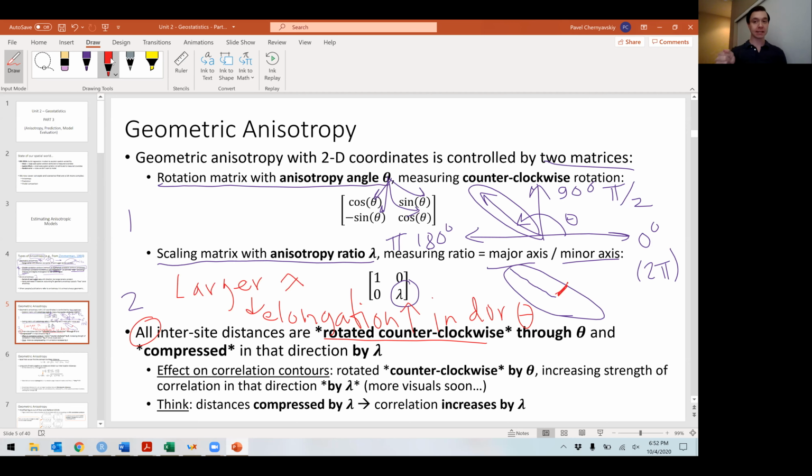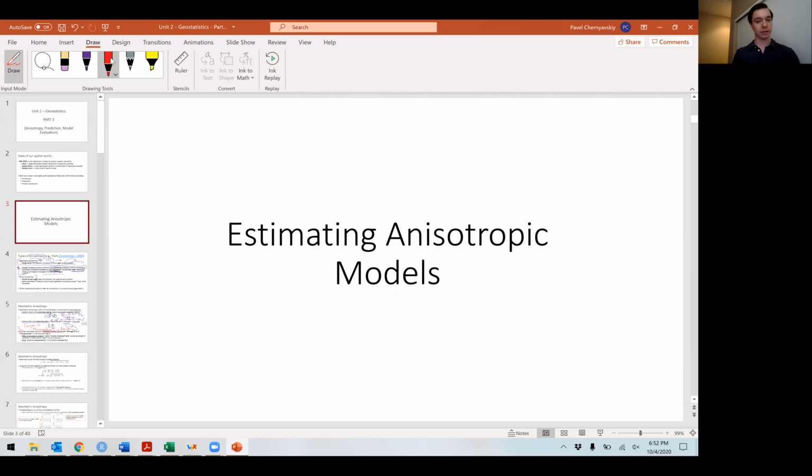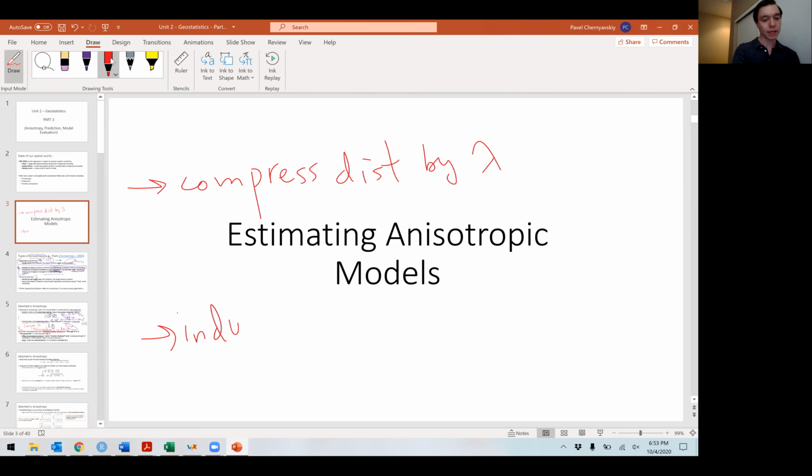We compress distances by lambda to induce greater correlation in that direction.